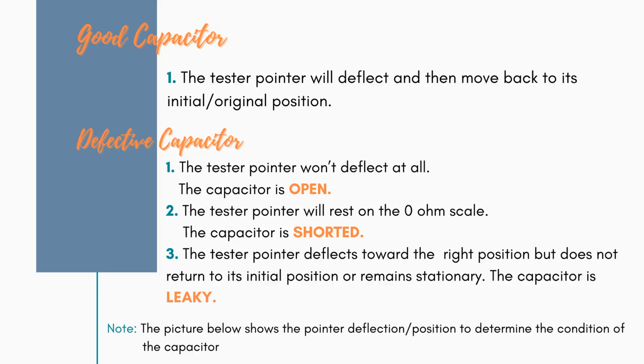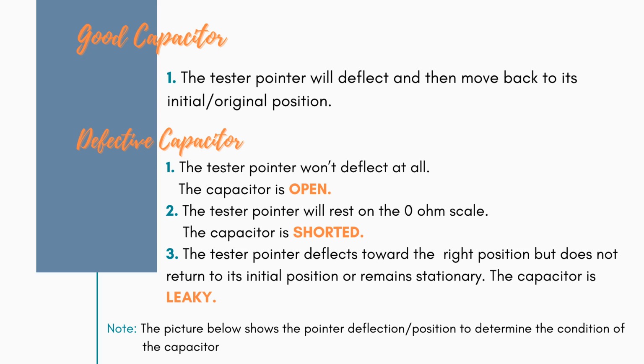Good capacitor. The tester pointer will deflect and then move back to its original position. Defective capacitor. 1. The tester pointer won't deflect at all. The capacitor is open. 2. The tester pointer will rest on the 0 ohm scale.